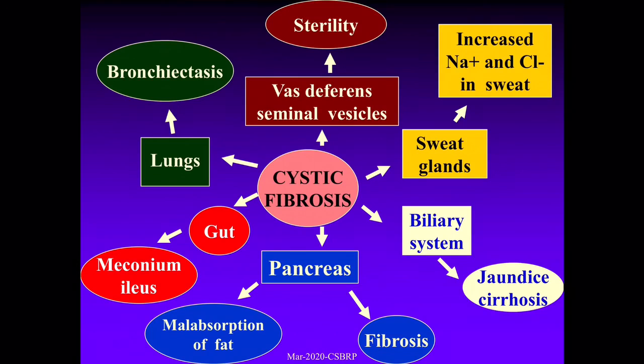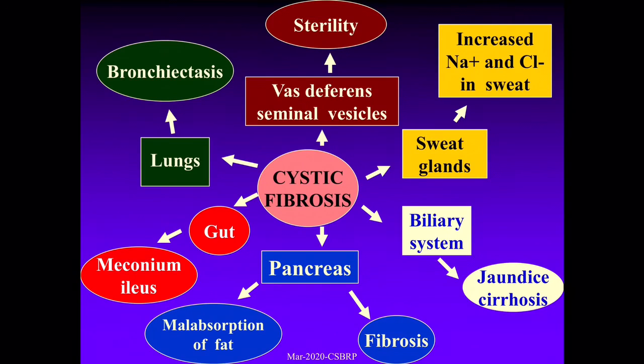And in cystic fibrosis, if it is causing obstruction to the pancreas, the person may suffer from malabsorption, or in the course of time, because of recurrent attacks of pancreatitis, the pancreas may be completely fibrosed. In the biliary passages, the person suffers from jaundice and cirrhosis. And in the vas deferens and seminal vesicles, because of obstruction, the patient may have sterility.